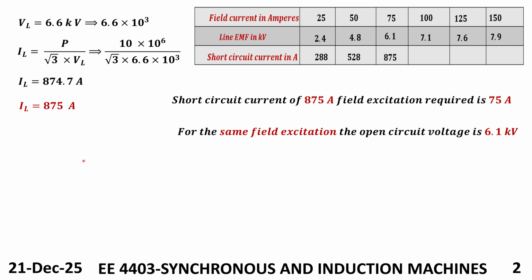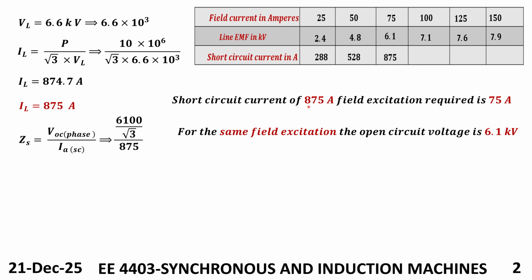Now the remaining procedure: we'll see how to calculate E phase. So synchronous impedance is open circuit voltage per phase divided by IA short circuit. Since the line voltage is given as 6.1 kV, we'll convert it to 6100 divided by root 3. That is the corresponding value we get for open circuit voltage at the same field excitation current of 75 ampere.